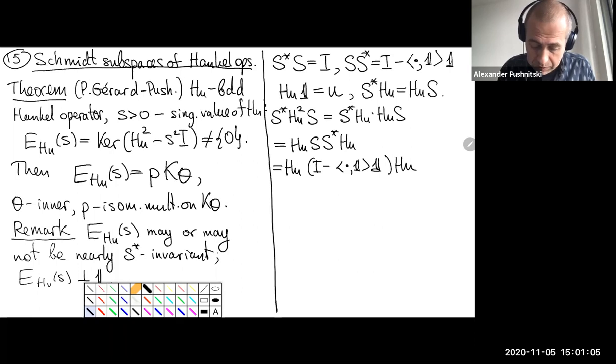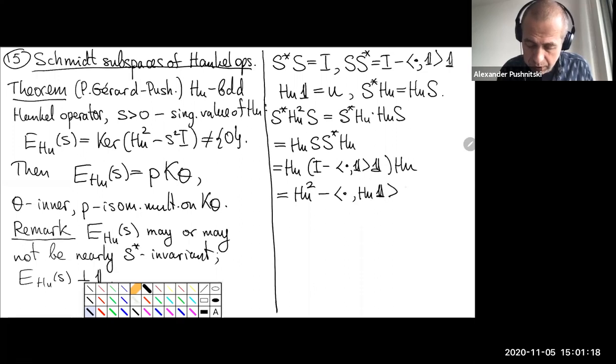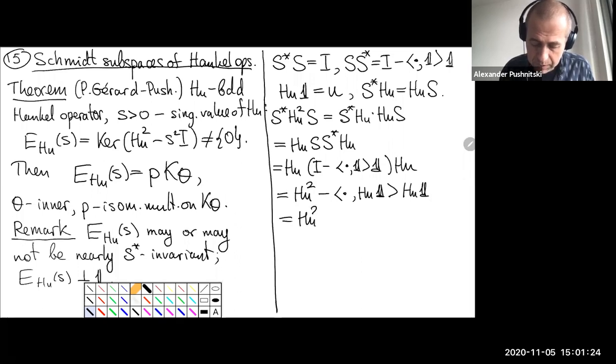And so this becomes HU squared minus dot HU1, HU1, and HU1 is U. So this becomes HU squared minus dot U. Okay, so this is a simple rank 1 identity.